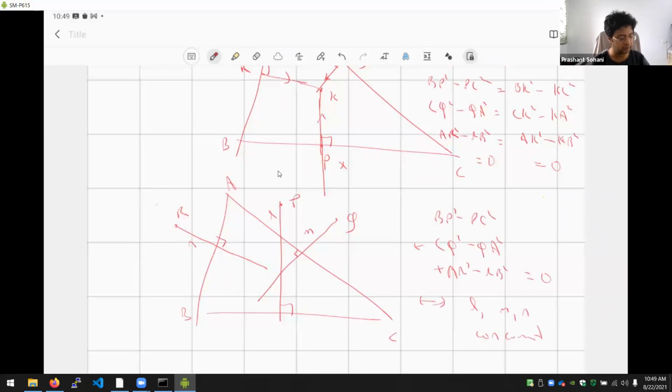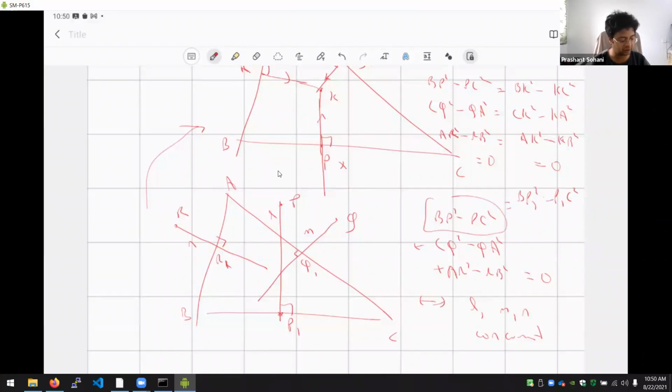So this is Carnot's theorem. But do you see why this theorem is obviously true if the first one is true? Because again, the point P, I could take the point P1 over here. So for P1, Q1, R1, we have already shown the proof. And obviously BP square minus PC square is equal to BP1 square minus P1C square. So that is why each of those terms can be replaced by the equivalent point on the sides of ABC.